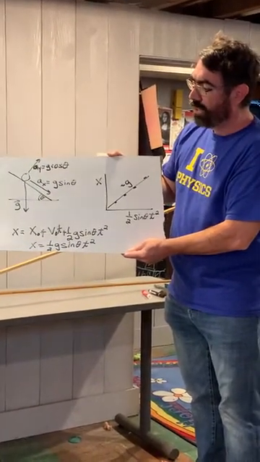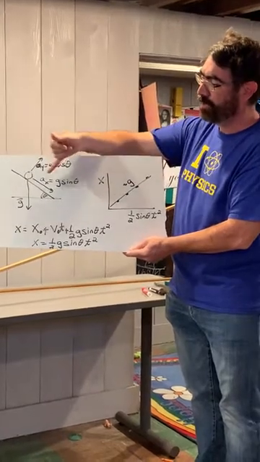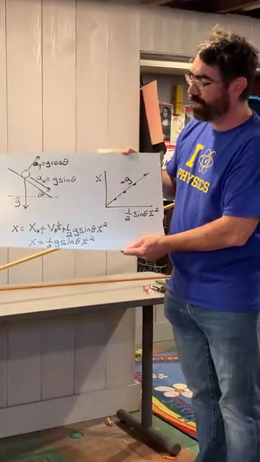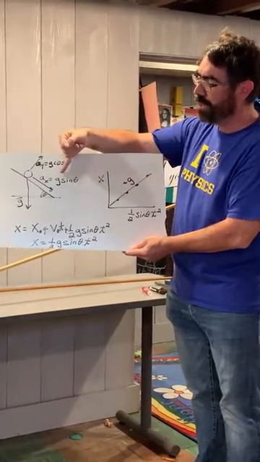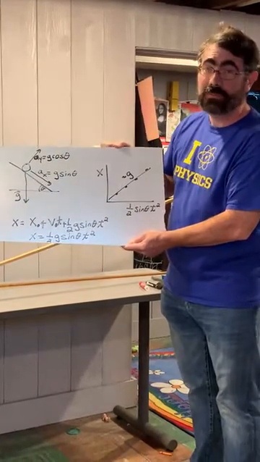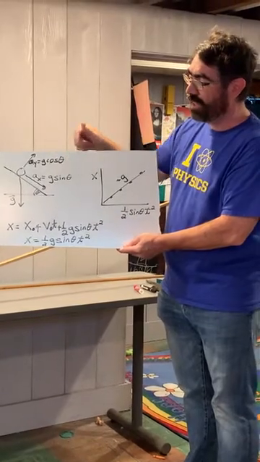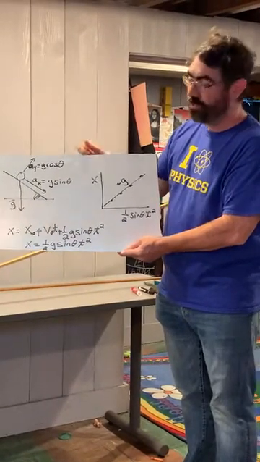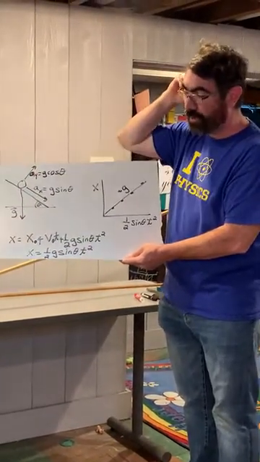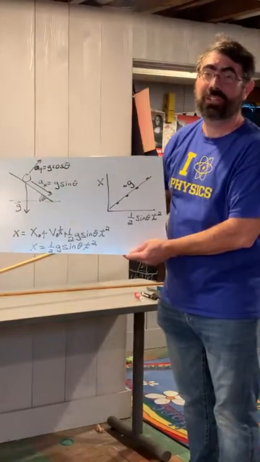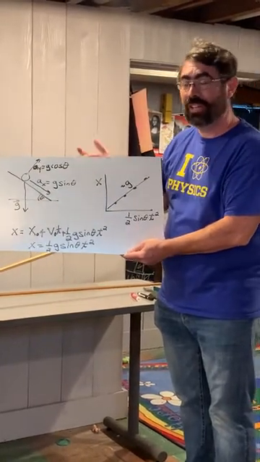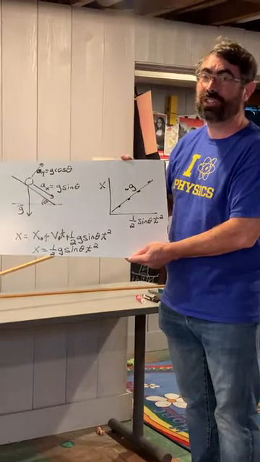And as it rolls down that ramp, it's going to have some component of the acceleration, which I can calculate to be g, 9.81 meters per second squared, times the sine of that angle. So if I set the angle of my ramp at a small angle, I should get a small acceleration. If I set it at a large angle, I should get a large acceleration.